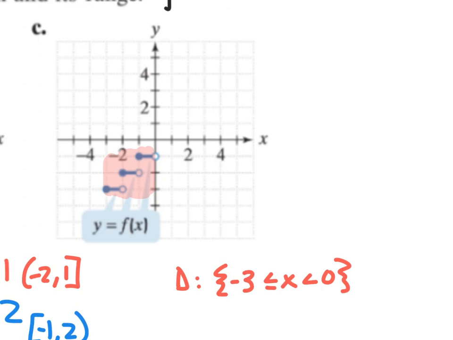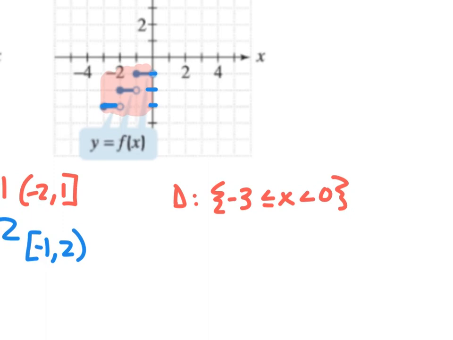Now my range is a little bit different. My range only occurs at -3, -2, and -1. So I would simply write that my range values are y equals -1, -2, and -3, and that would be my range.